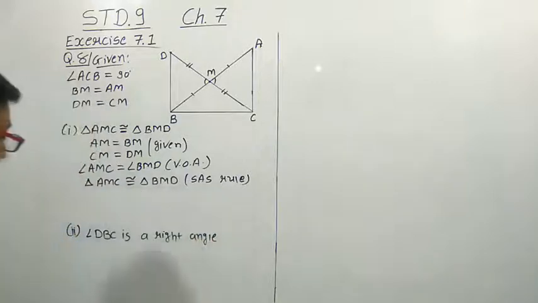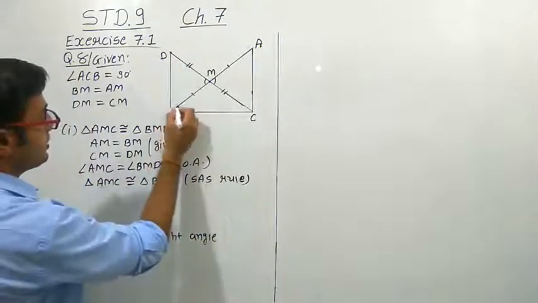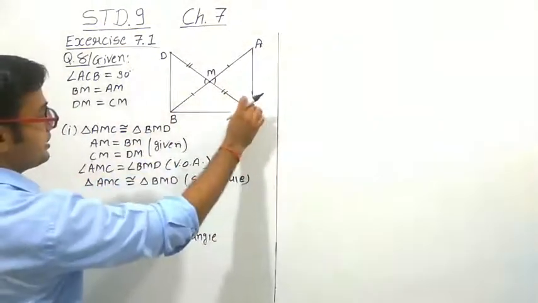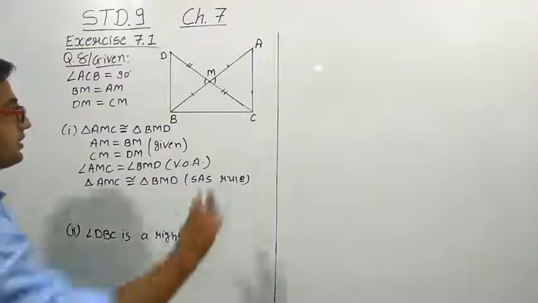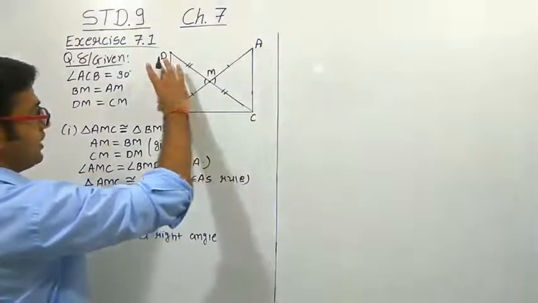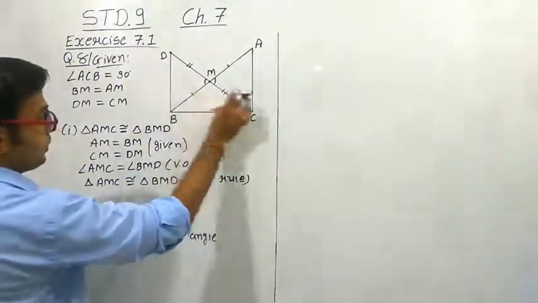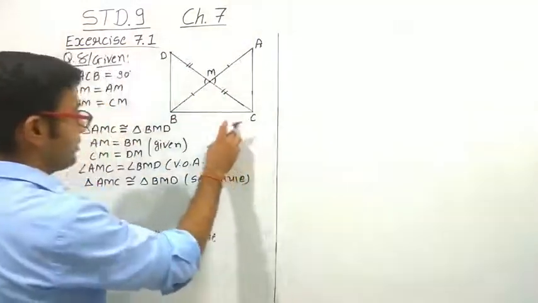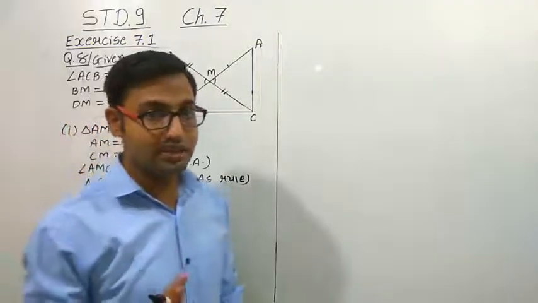Now see how we can prove that DBC is a right angle. DBC means this angle. Yes, one of the angles given is that ACB is a right angle. So you are thinking that yes, AC is parallel to BD. If we take CD as a transversal, then the addition of these two angles will become 180 degree. This is 90 degree, so obviously this angle will also be 90 degree. Yes, you are thinking the same.